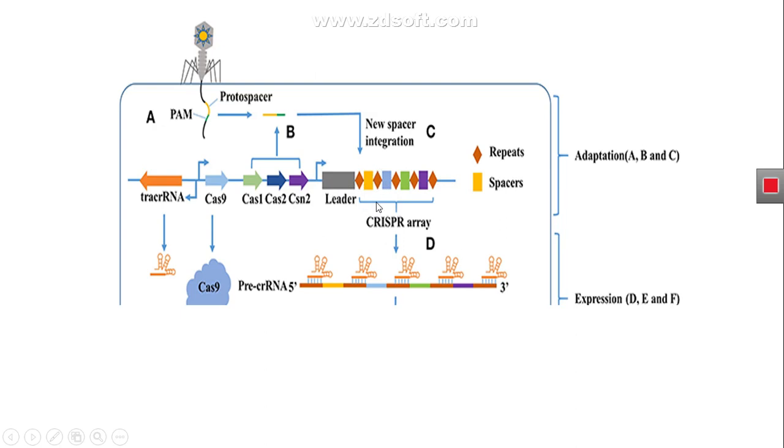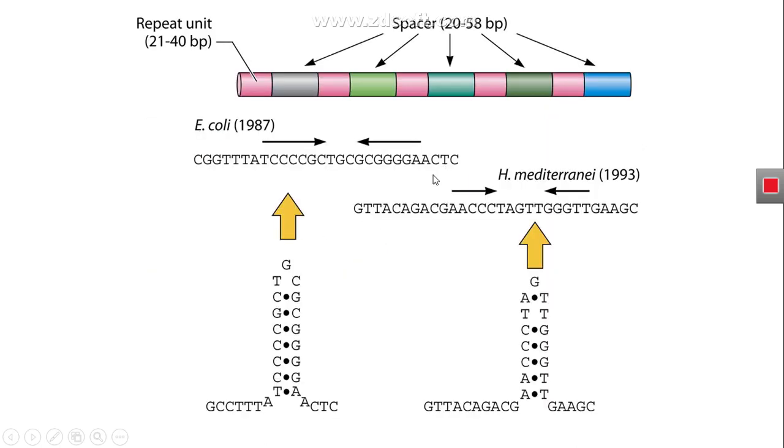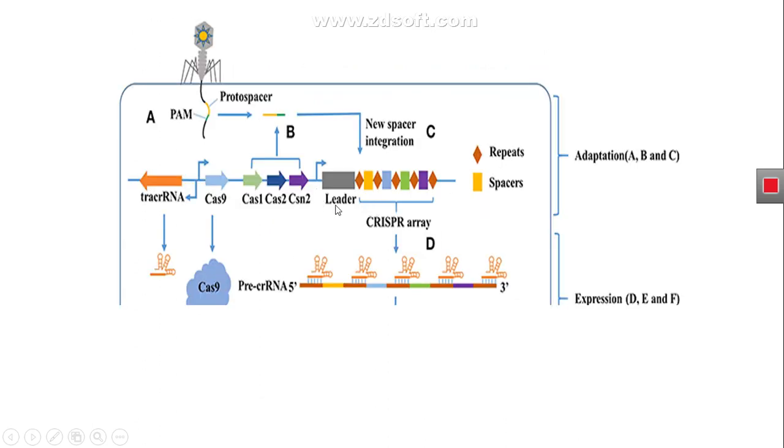During the early 2000s, scientists also found that upstream of these CRISPR sequences and spacer sequences, there are some other sequences that encode the proteins Cas9, Cas1 and Cas2. And upstream of these, scientists also found sequences that are transcribed into tracer RNA.